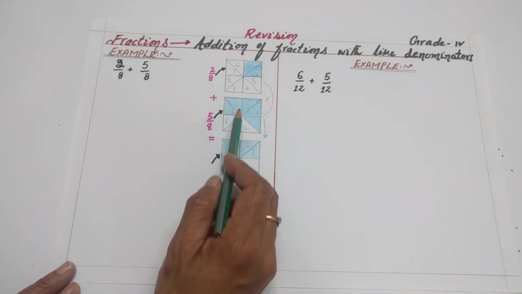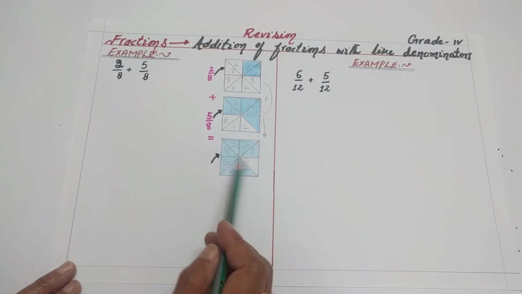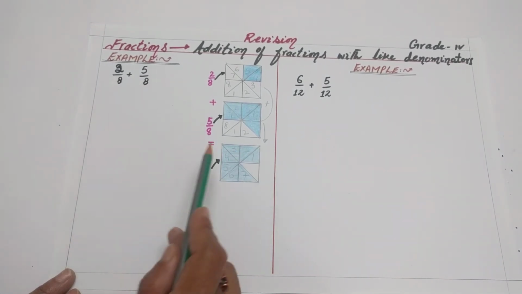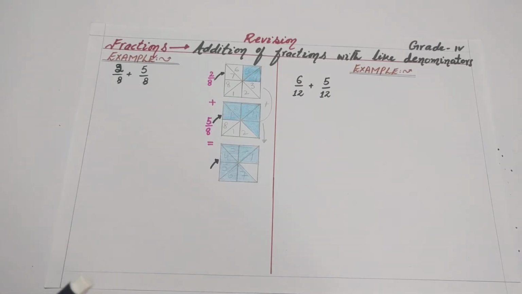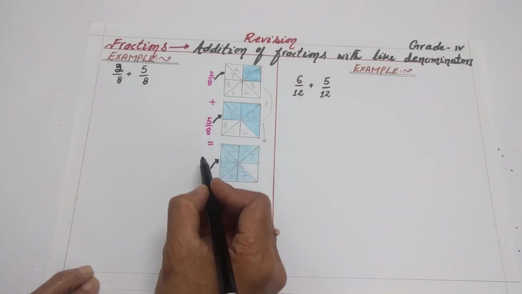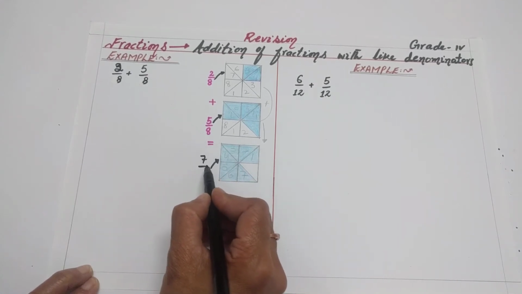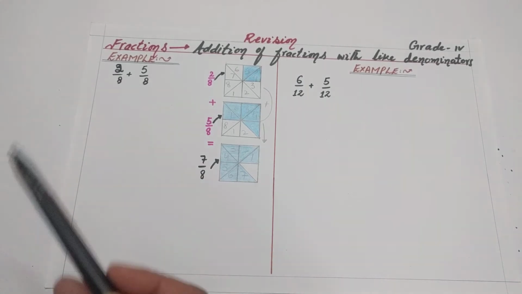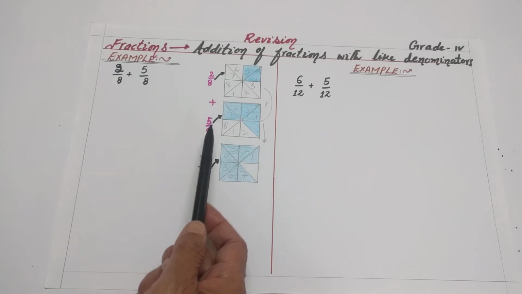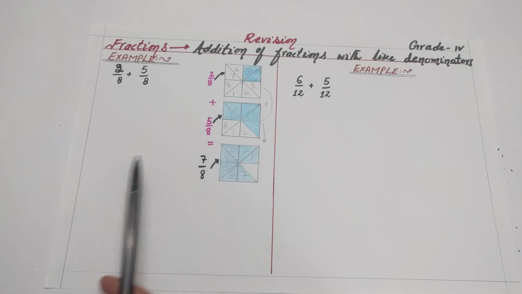When we combine these two shapes, we have total 7 shaded parts and our denominator is 8. So what will be the fraction as a result of these two? 2 plus 5, we have total 7 as a numerator and 8 as a denominator. It means whenever the denominator of the fractions is same, we can directly add the numerators.